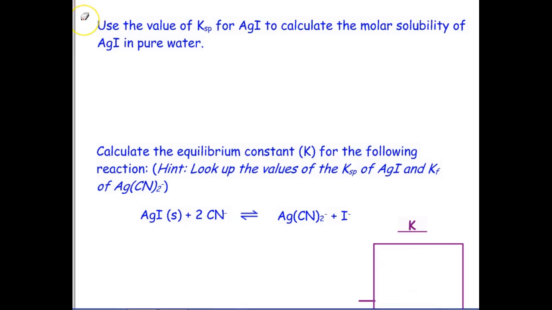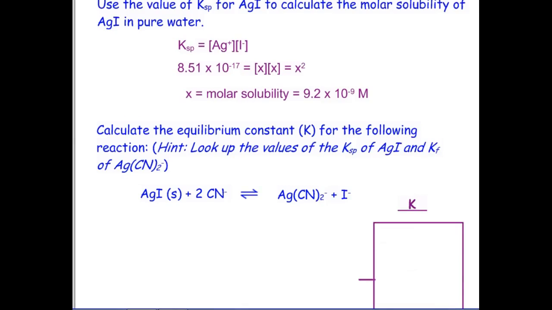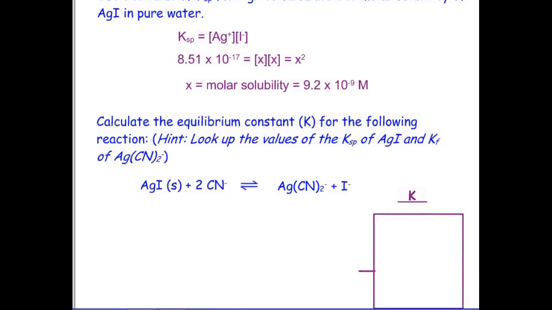When you're done, we'll take a look at that, and then we'll find the equilibrium constant for this reaction. All right, this one was actually pretty easy as KSP problems go. It's the silver ion concentration times the iodide ion concentration, so it's x squared. Molar solubility, about 9 times 10 to the minus 9th. Silver iodide is pretty insoluble.